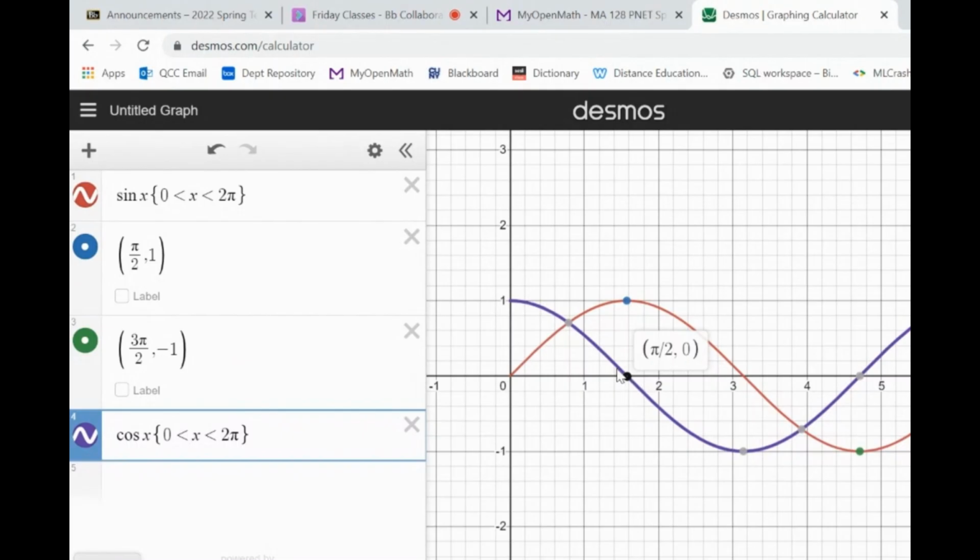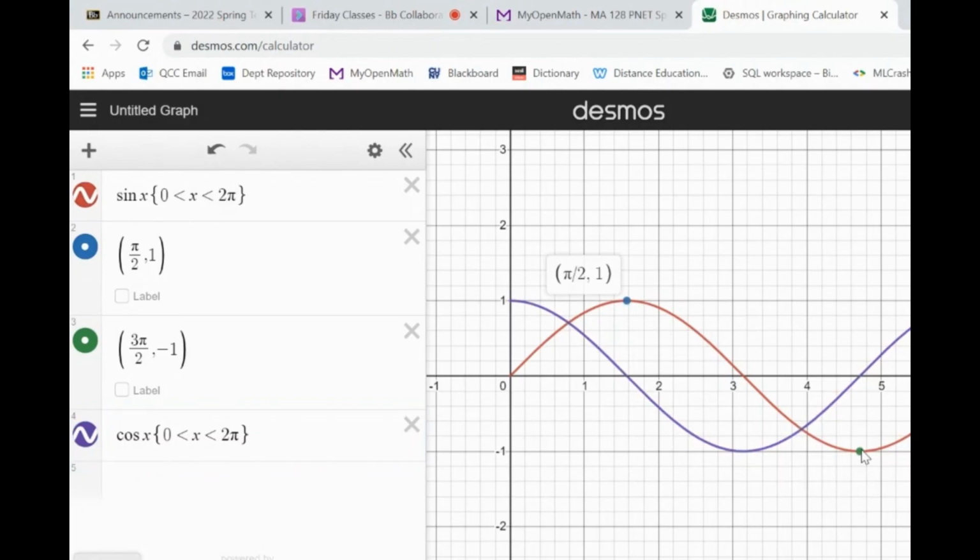It is positive. Whenever it is above the x-axis, it is positive. Here we see that the sine function is increasing. Because its derivative, the cosine function, is positive here, the red curve is increasing.